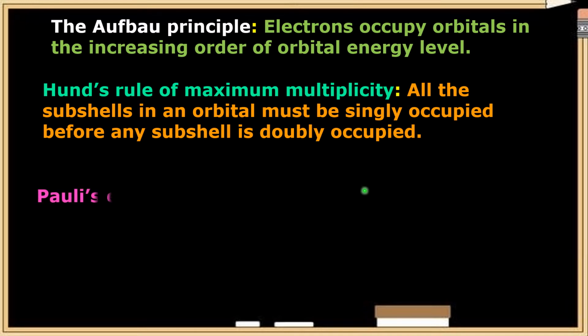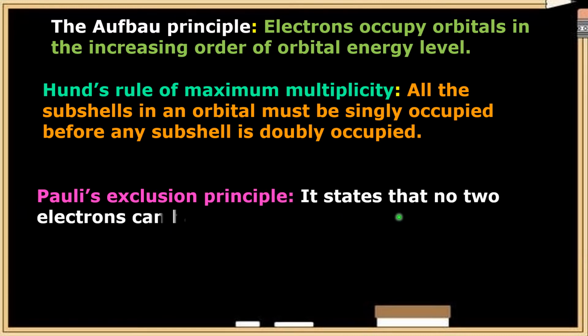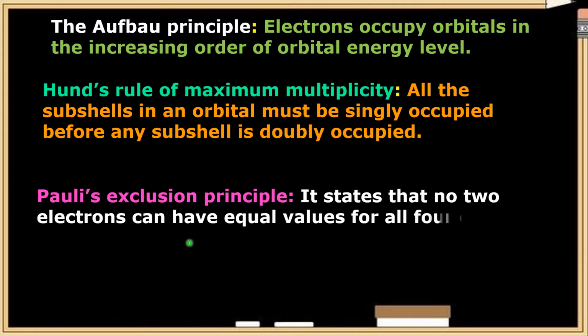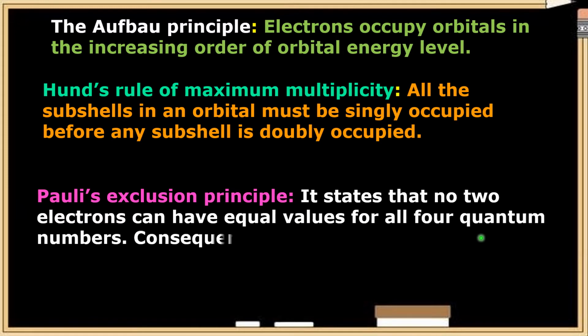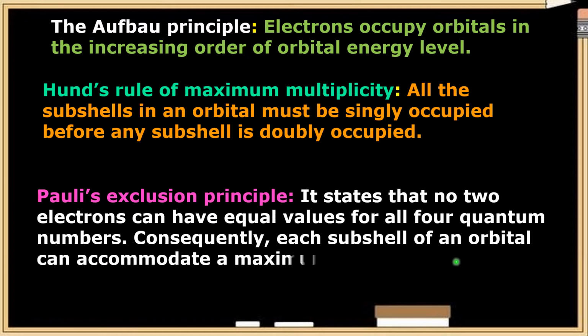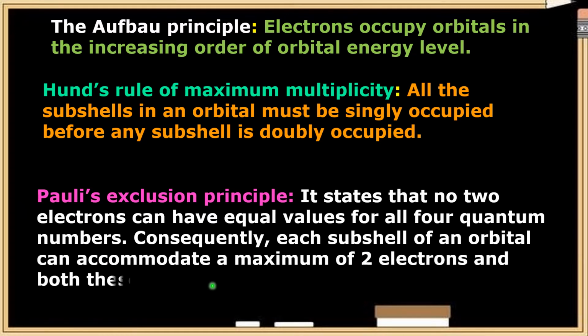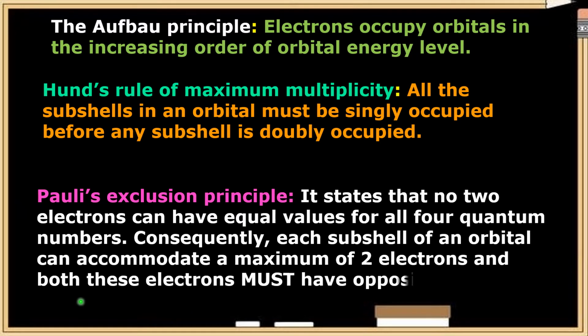Next, Pauli's exclusion principle. It states that no two electrons can have equal values for all four quantum numbers. Consequently, each orbital can accommodate a maximum of two electrons, and both these electrons must have opposite spins. That means in any atom, no two electrons have all four quantum numbers equal.